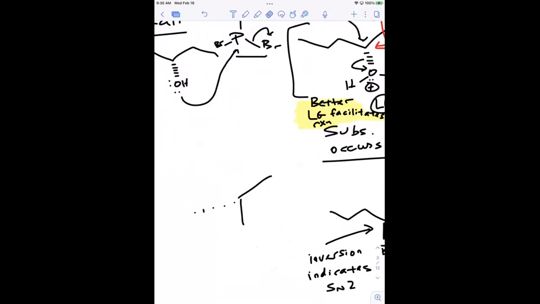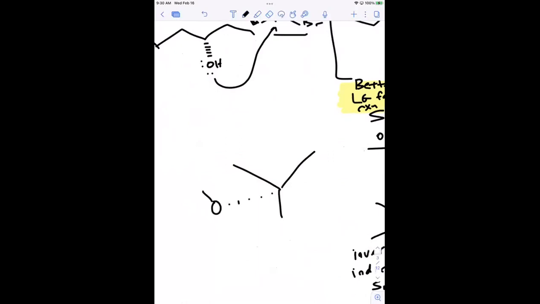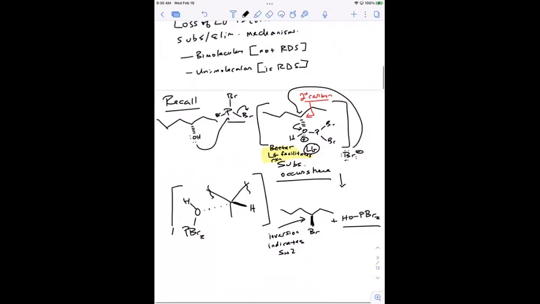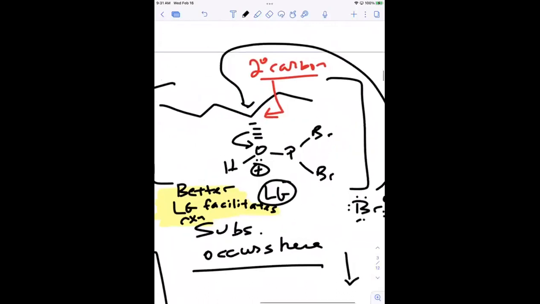So this would be the oxygen, and I'm going to abbreviate the chains, but I'll just draw them in like this. And then this is a hydrogen right here. So this is what that stereo center would look like if I just looked at these atoms right here.